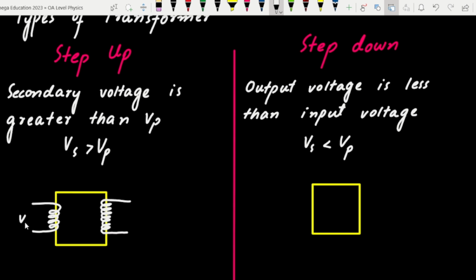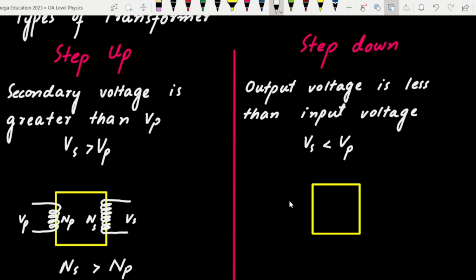So this is the primary voltage side, this is the secondary voltage side. These are the number of turns on primary, these are the number of turns on secondary. So what you see is the number of turns on the secondary coil are greater than the number of turns on the primary side. This is what happens in the step up transformer.